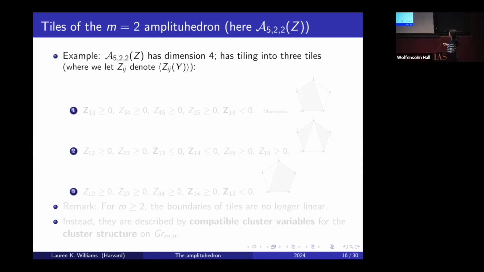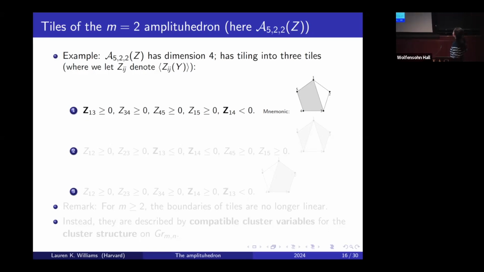So again, my twistor coordinates are Zij. They're indexed by m element subsets of 1 through n. The first tile is given by these inequalities on twistor coordinates. One mnemonic you can use to write down those inequalities is to draw this kind of bicolored subdivision of a pentagon.